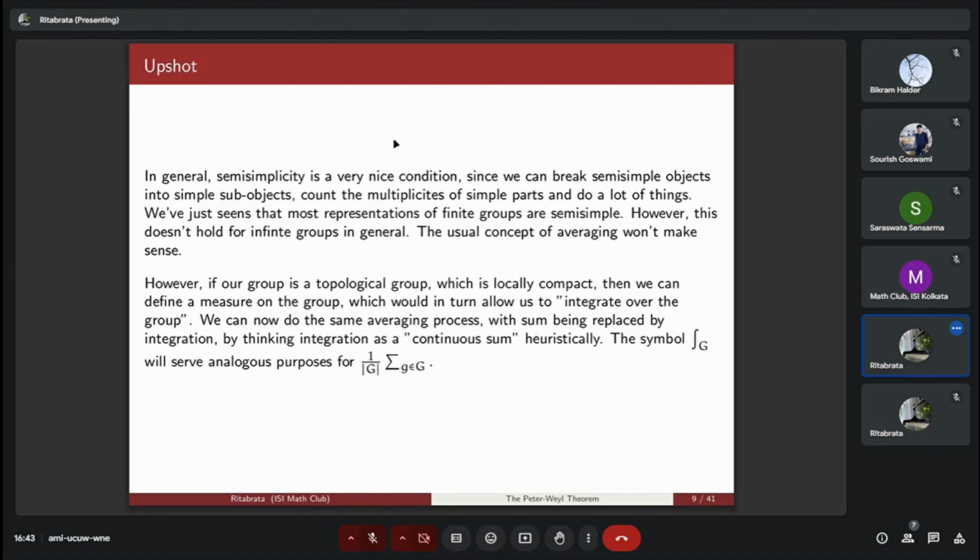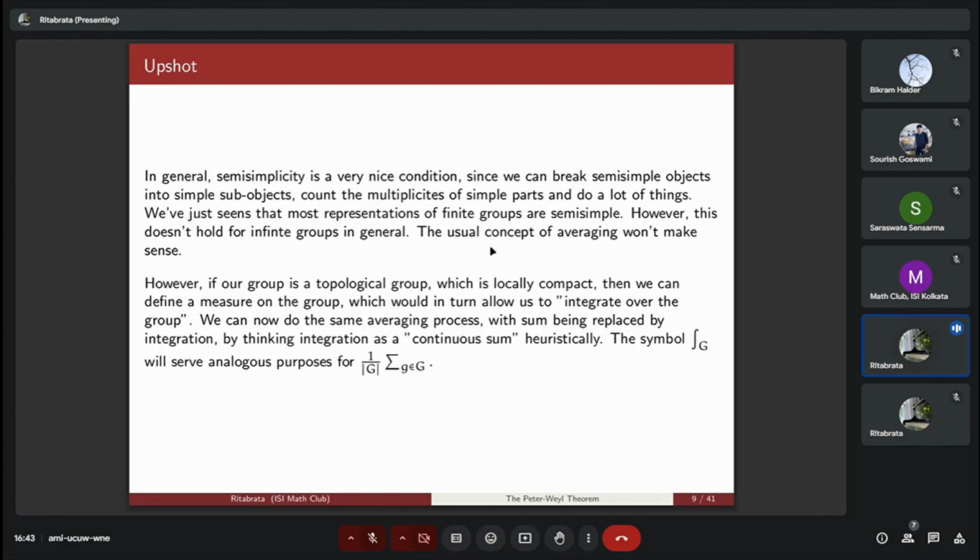Anyways, semi-simple objects are nice in this way because we can do a lot of things with multiplicities and many nice things hold. But this nice thing doesn't hold for representations of infinite groups in general, because the concept of averaging may not make sense in general. But here is one nice thing which we want to develop in this talk: if our group is a topological group which is locally compact, I'll define what a topological group is in the next slide, then we can do a similar thing.